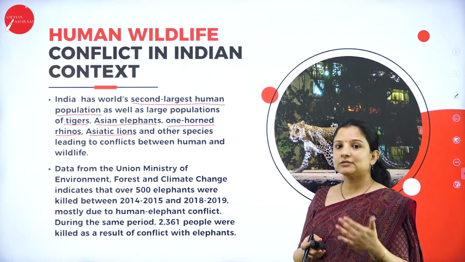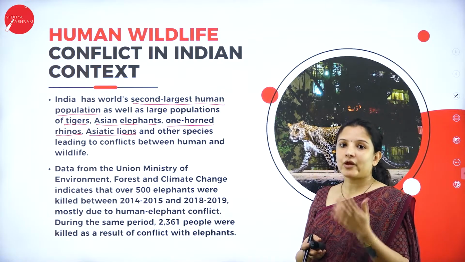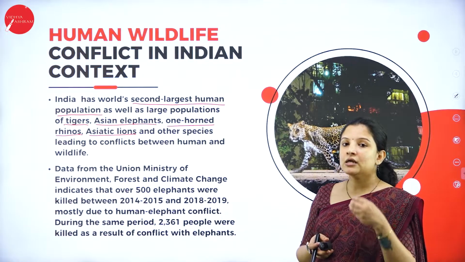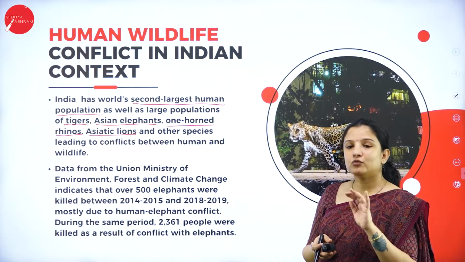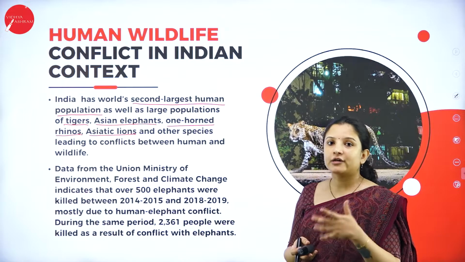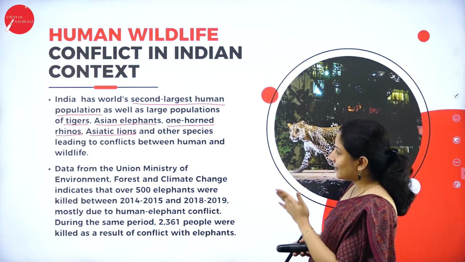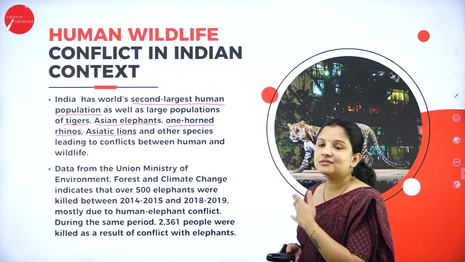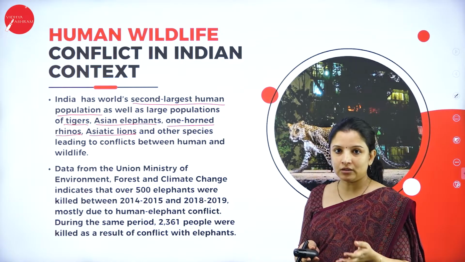Because human beings are greedy, and as and when the population increases, we are not satisfied with whatever space we have. We try to conquer the forest also, and that is the reason why animals start entering into human dwellings.